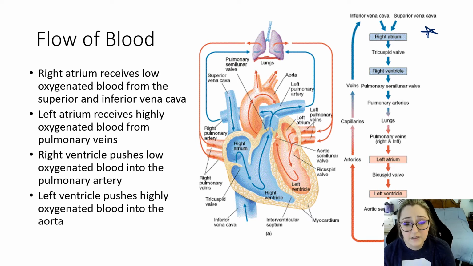Your arteries are typically going to have high oxygenated blood, except for the pulmonary artery, which is taking blood to the lungs to be oxygenated. So again, that rule doesn't really work when you say veins have low oxygen, arteries have high oxygen. Those are the two exceptions, the pulmonary arteries and the pulmonary veins. One contains the opposite of what your normal veins and arteries contain.